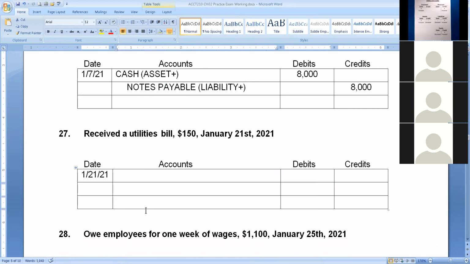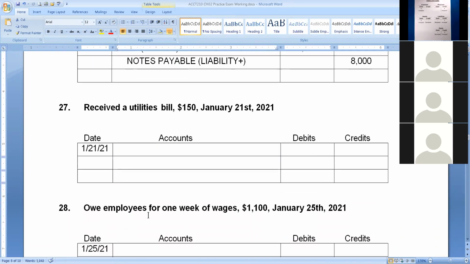Received the utility bill, 150. What account? Would it be utilities expense? Yep.